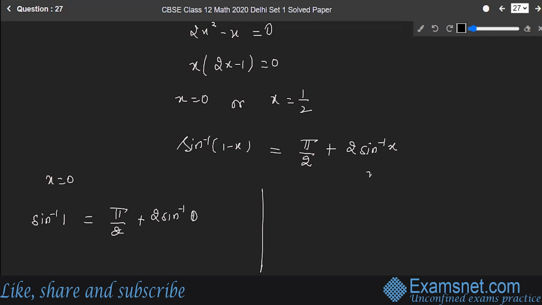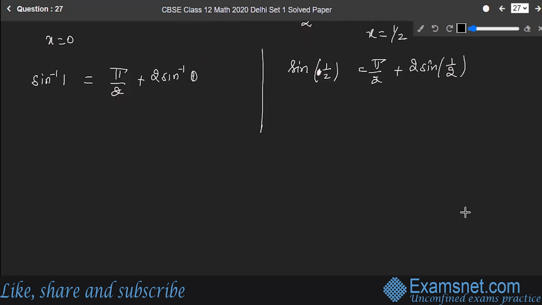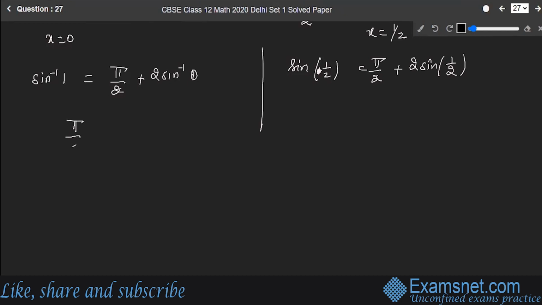And when x is equal to 1 by 2, this will be sine inverse 1 by 2 is equal to pi by 2 plus 2 sine inverse 1 by 2. Sine inverse 1, that is pi by 2, is equal to pi by 2 plus 0, which is absolutely true.